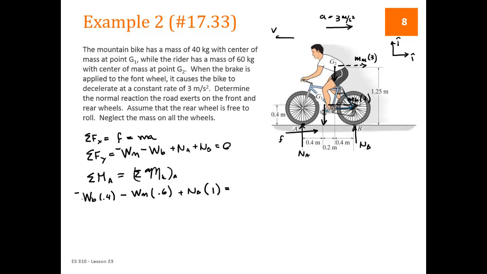So those are our fake forces that we're going to need to use in the moment equation. So we've got m of the bicycle times the distance, perpendicular, which is 0.4, and that is a negative moment. So minus m_b times 3 times 0.4. And the same with the man. We've got minus, and that one's 1.25 times m of the man times 3.